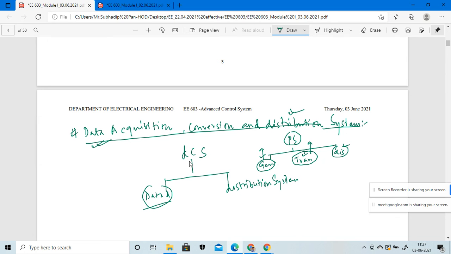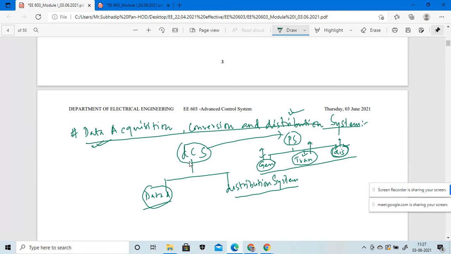In a particular power system, the distribution system having a particular data acquisition system needs to be implemented in each and every portion of a power system. So that is why we can say that the digital control system will be implemented in the power system network also.